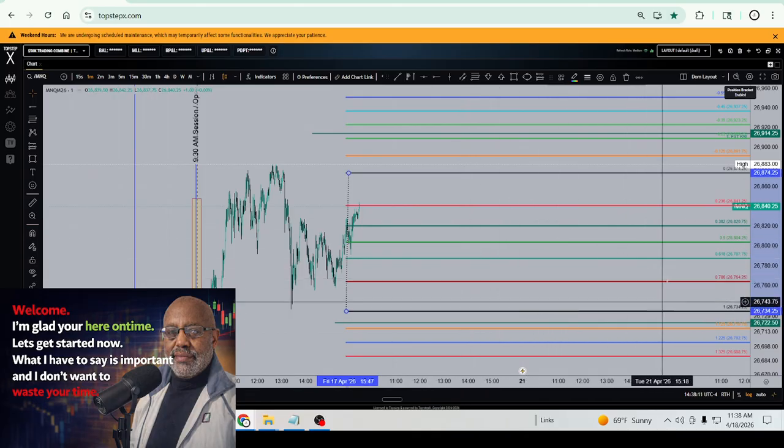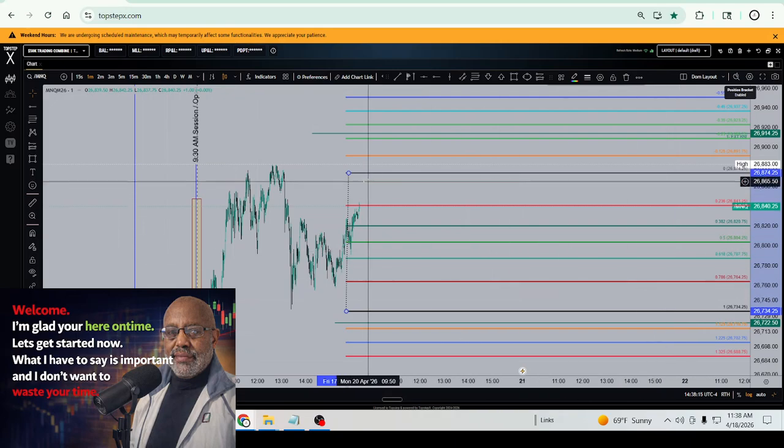So I would use this Fibonacci for my entries, take profit targets, if I'm going to trade the Asian range. And it gives me projections. That's what this video is about.